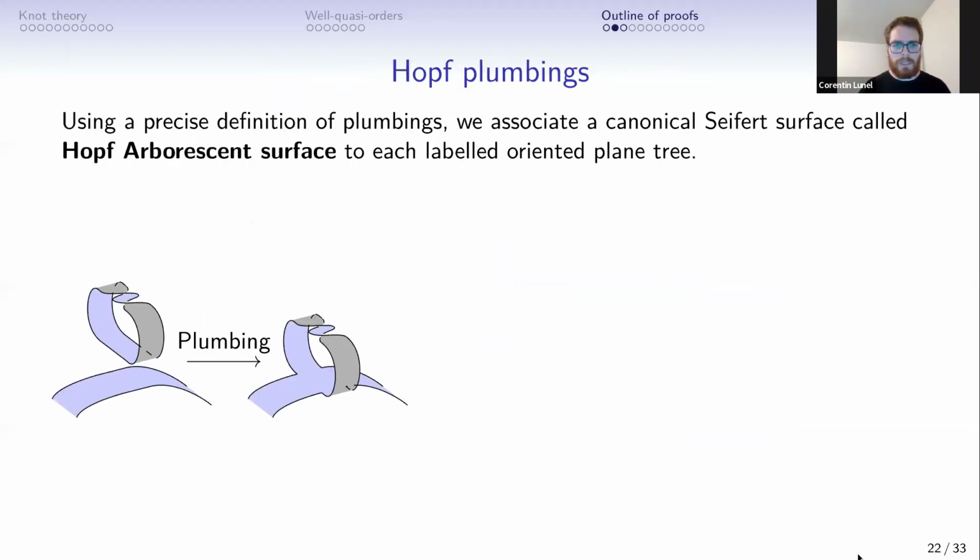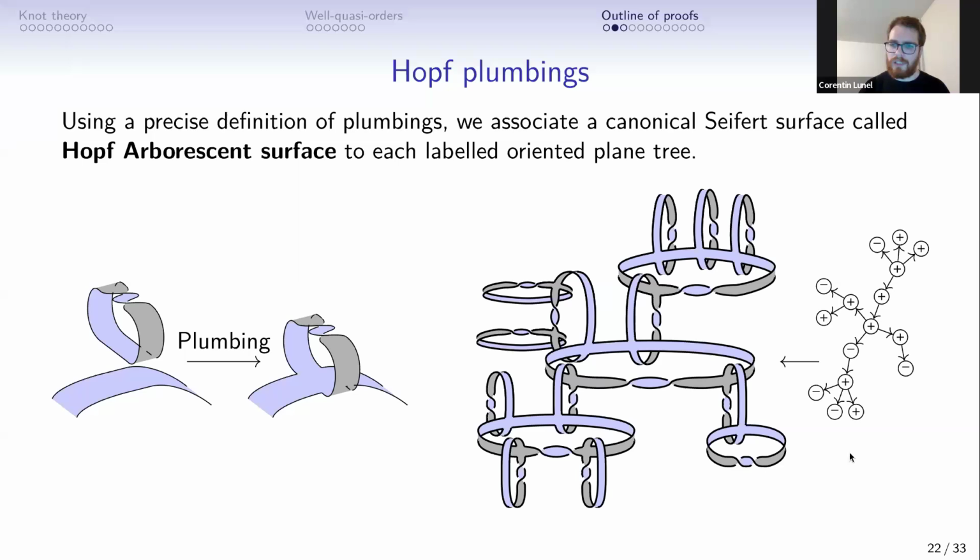And now we define an operation called plumbing, which merges some part of a surface with a Hopf band in this way. And by defining precisely what plumbing means, we are able to associate a surface to each labeled, oriented plane tree. We call the family of surfaces that we obtain this way the Hopf Arborescent surfaces.